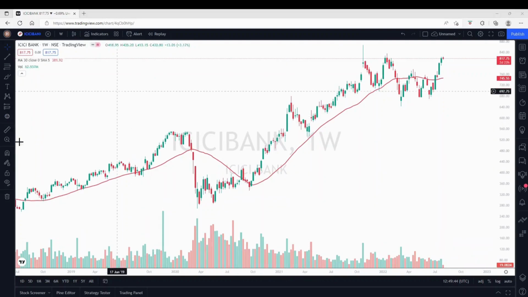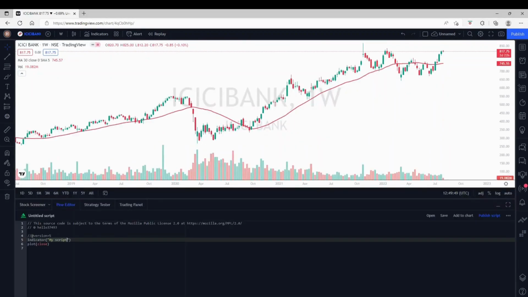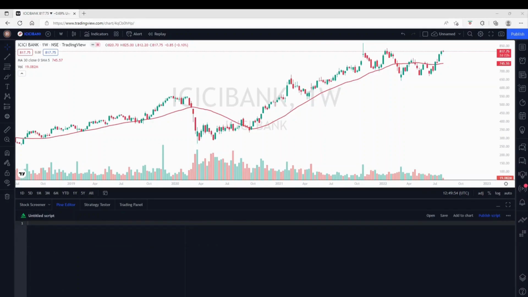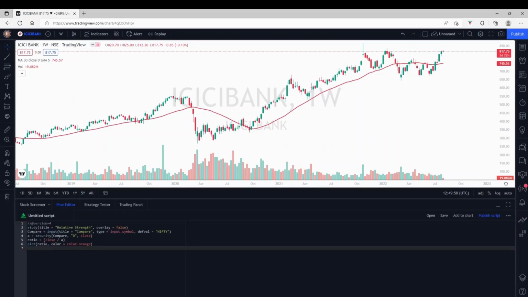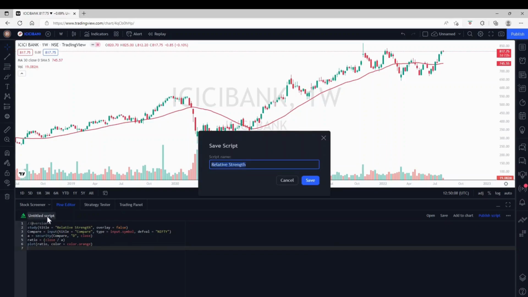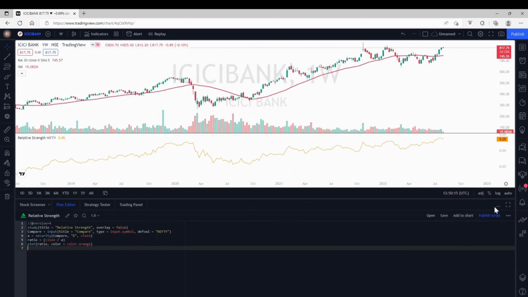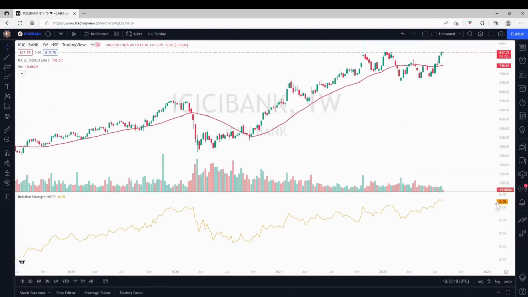To add the code, what you have to do is go to Pine editor and just delete this. This is the code. I will share this in the description under the video. Once you've added it, I can change it to relative strength, save, and add to chart, and you can minimize this.